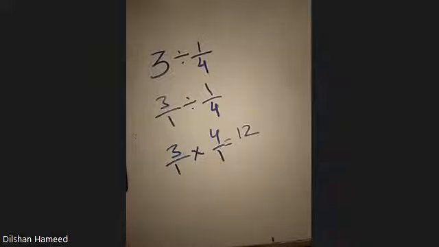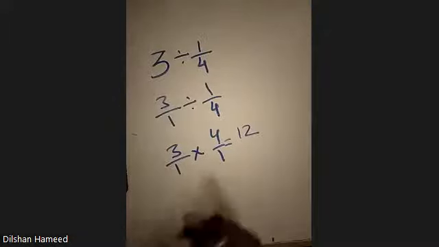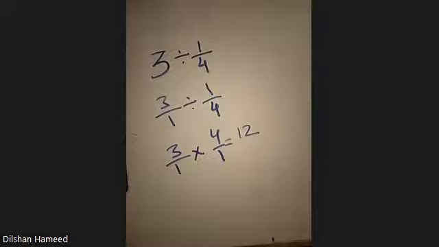Right? So if 3 breads are taken and cut into quarters, how many quarter pieces will you get? You will get 12 pieces. Clear? So whenever you have to divide, you have to just inverse it. Right?